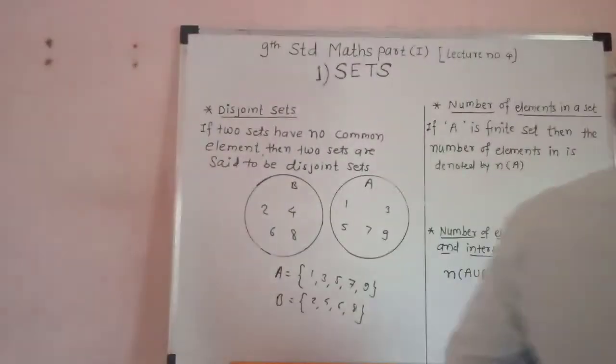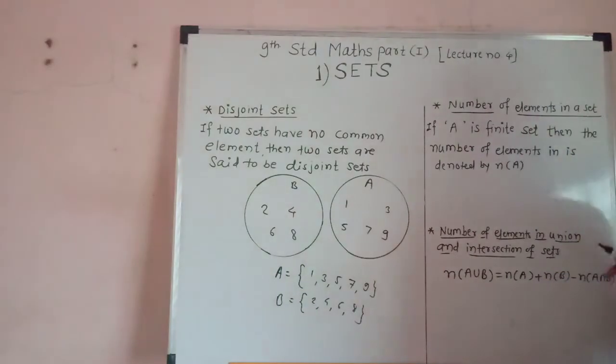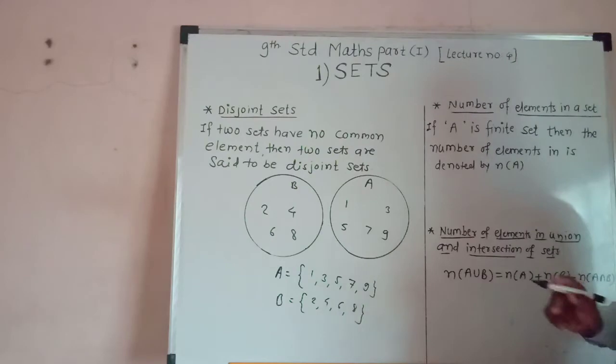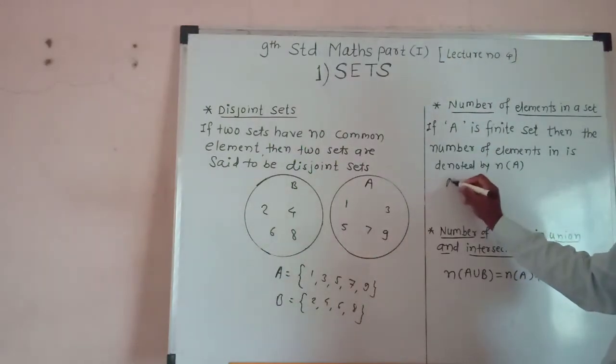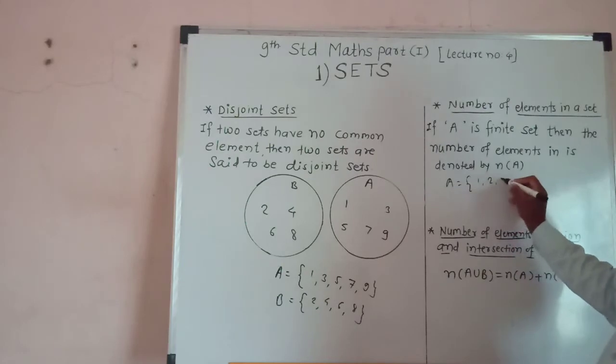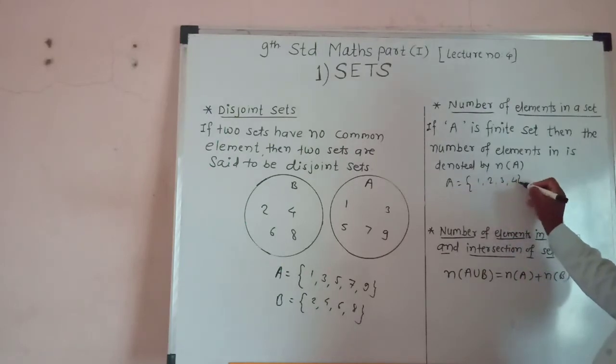Next point is the number of elements in a set. If A is a finite set, then the number of elements in that set is denoted by n of A. Suppose A is a set of elements 1, 2, 3, 4.